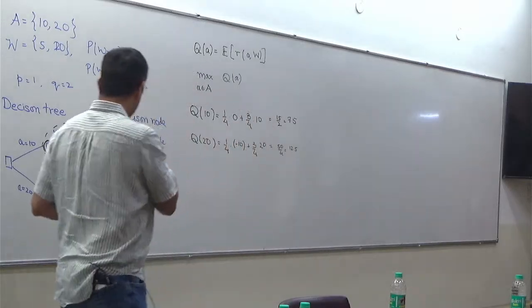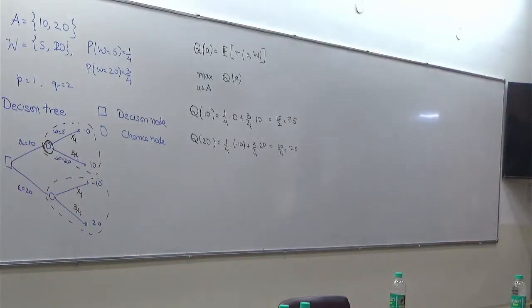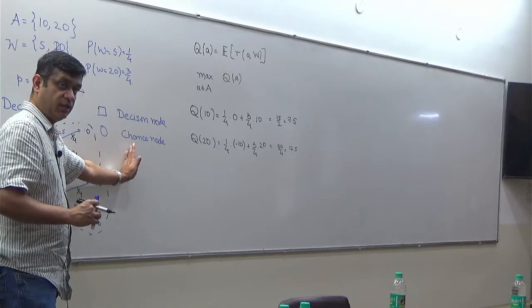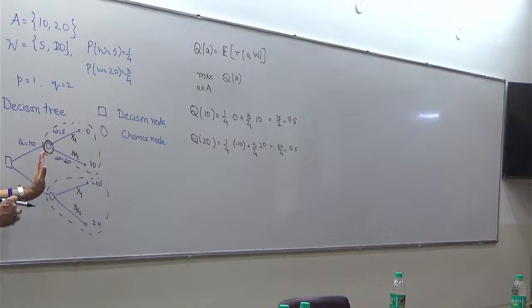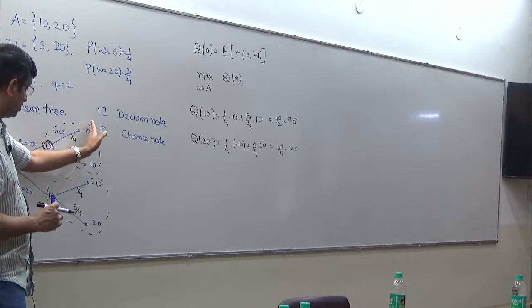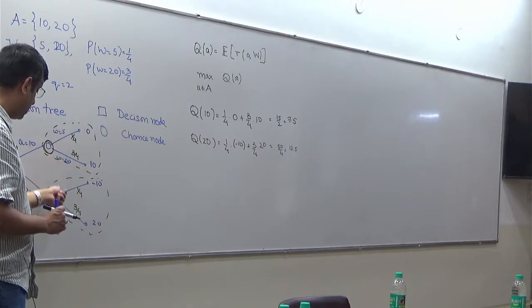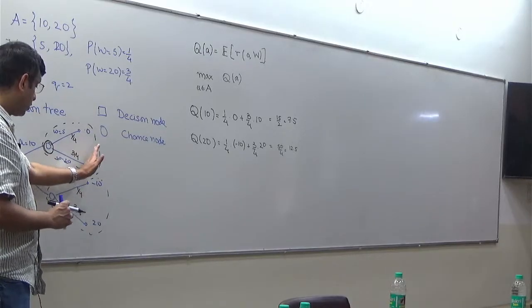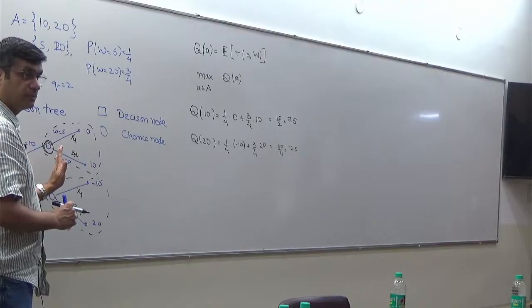This is okay. So what I have done now is I took this tree, I started from the end of the tree, and I went up one level. In this case, the last but one nodes happen to be chance nodes, and on chance nodes, I am doing averaging. Okay?